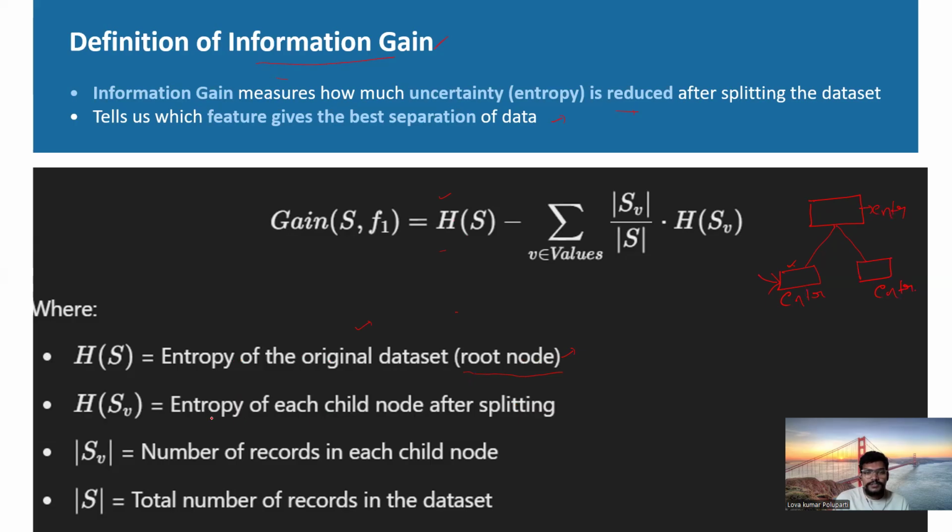So I will find the entropy of each child node. Then |Sv| is the number of records of the child node, and we also consider the total number of records. This is the way the formula is applied. First we find the entropy of each node, then we find the overall information gain, and how much information this feature is giving.